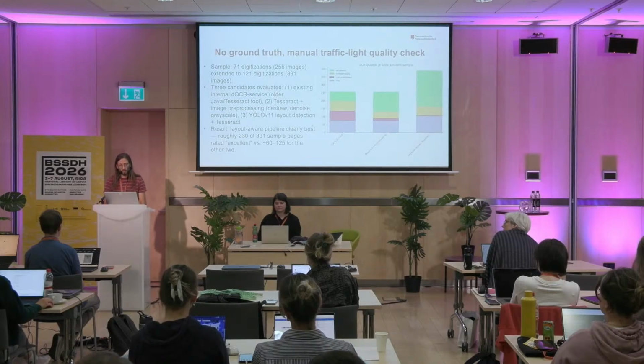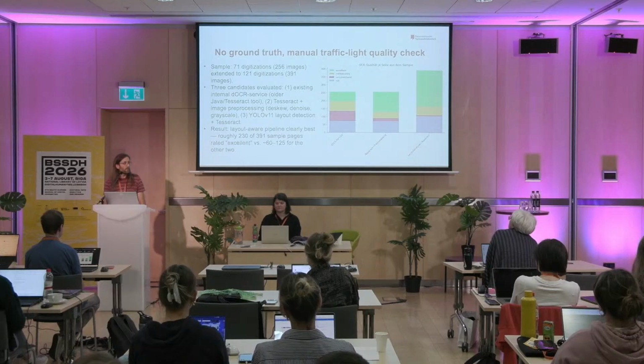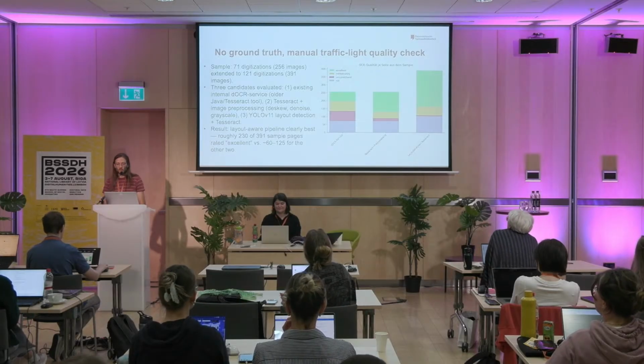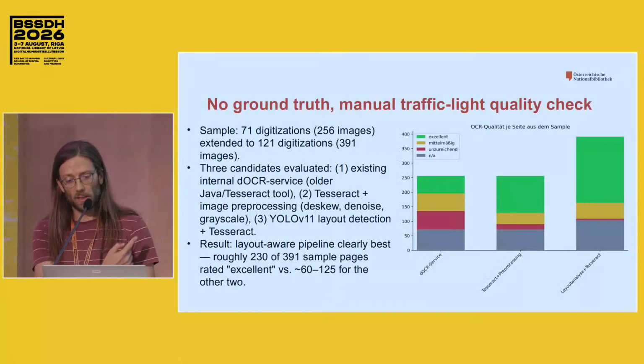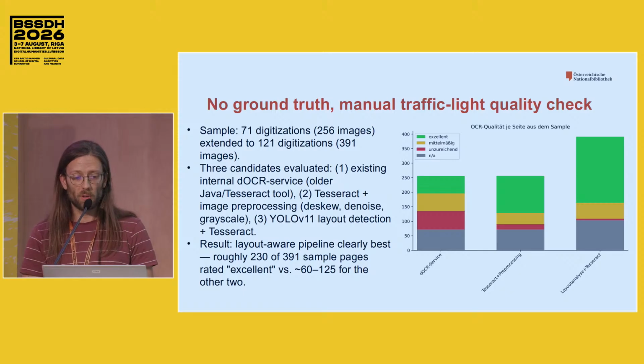Okay, and exactly, I have to speed up a bit because we only have 10 minutes left. So I will go a bit faster on some parts. But I like this slide because it shows what we did in the beginning to check if our method actually worked.